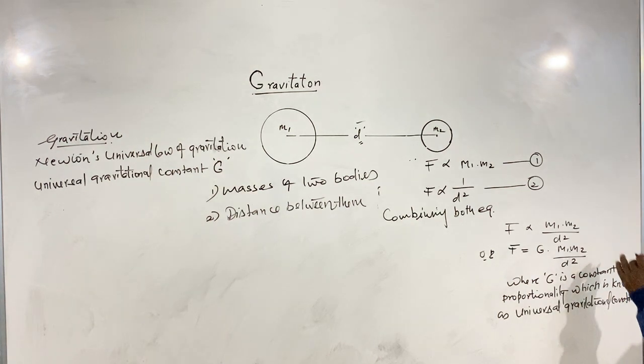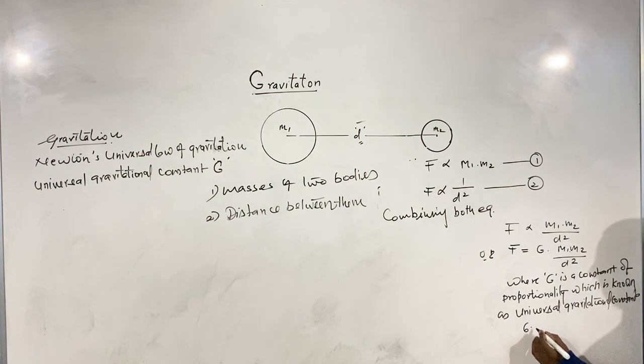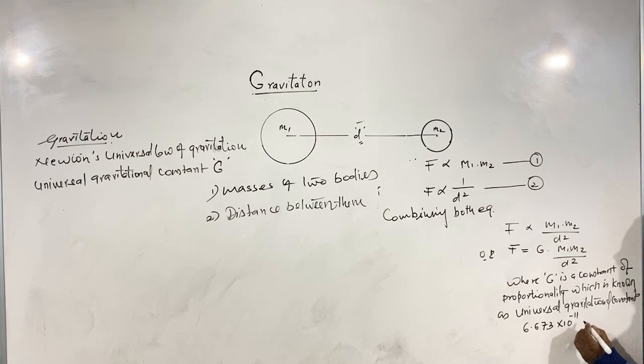Its value is 6.673 into 10 raised to the power minus 11 Newton meter square per kilogram square.